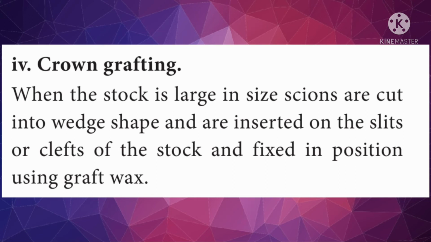That means wedge, I think you often see this wedge shape, that is crossly made a cut and sharply made a cut in the scion, and we are taking the scion usually in a very slender manner, and it will be inserted into the cut that is made in the stalk region, and it will fit with the cleft or slits made in the stalk region, and it will be bound with a tape or a graft wax.